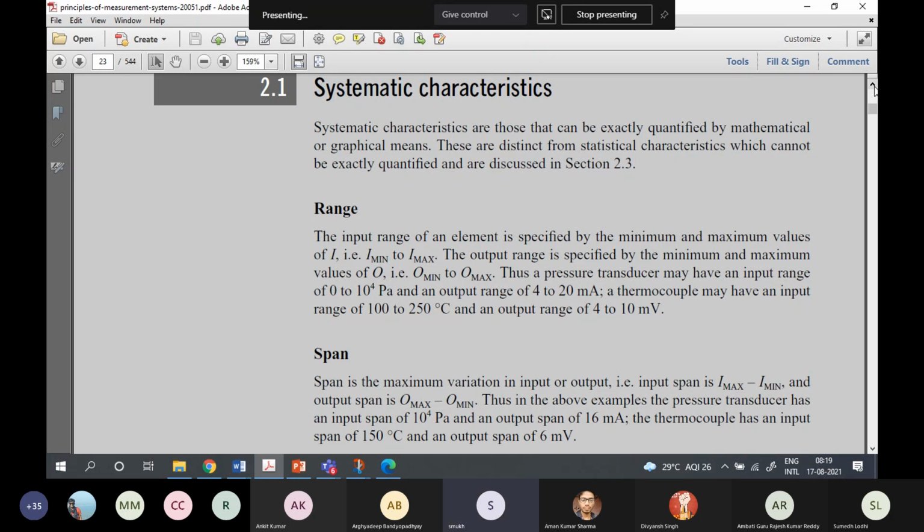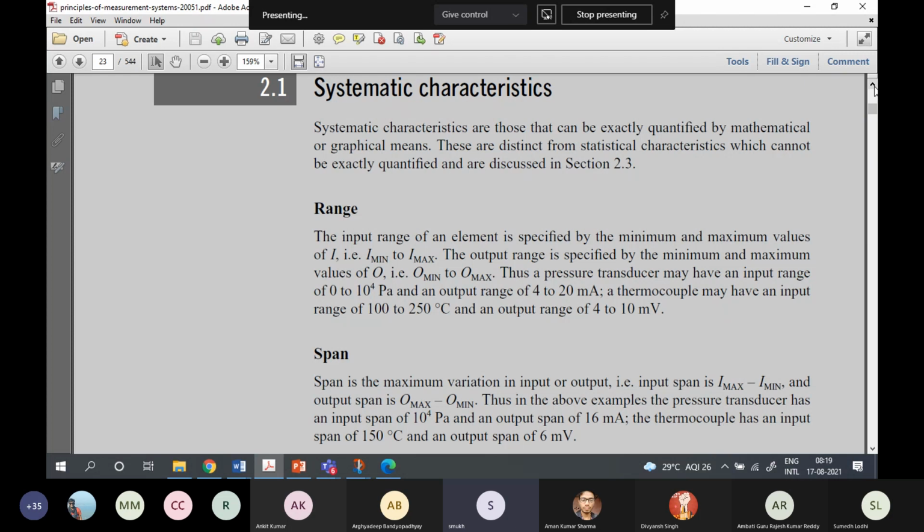So when you describe an instrument, you cannot describe that detailed model. The detailed model is probably known to some people who do detailed experiments, or some people who have designed the instrument.